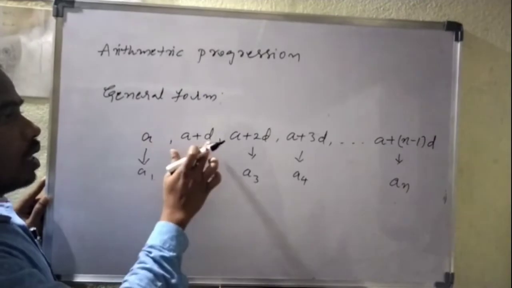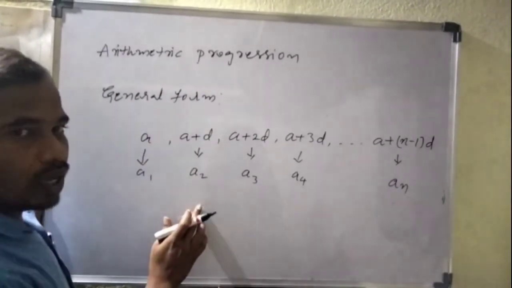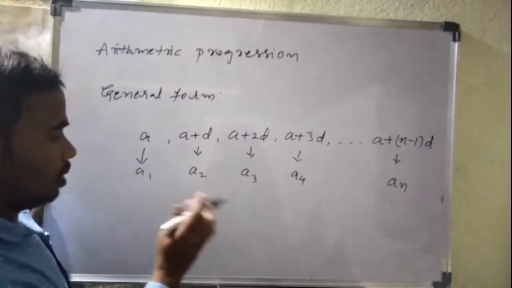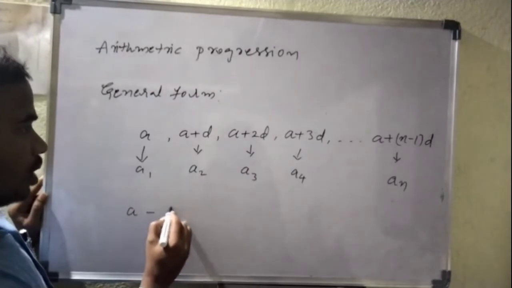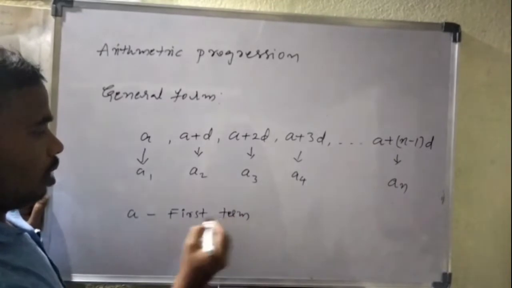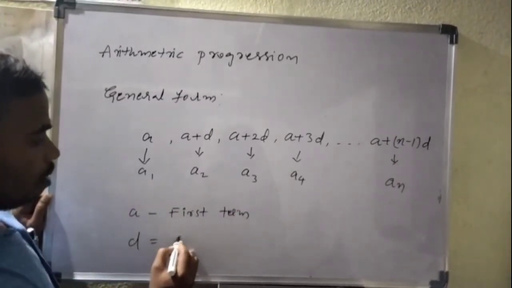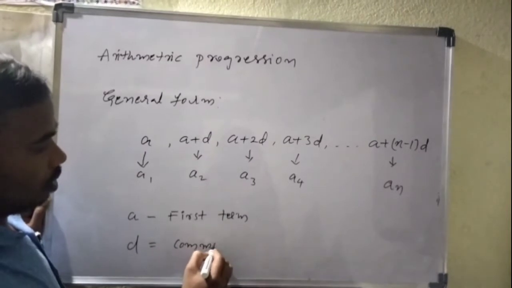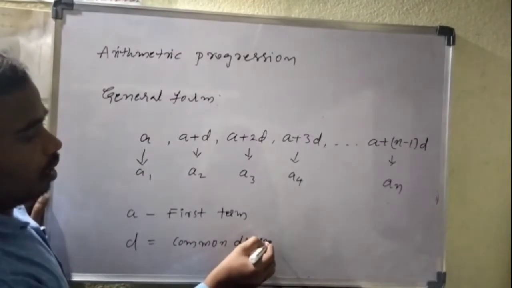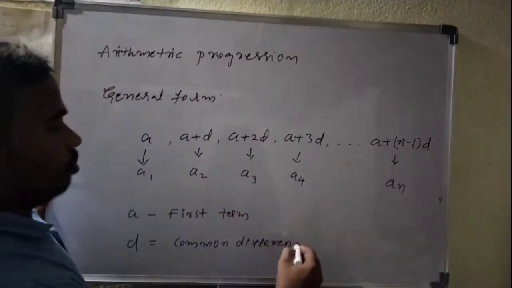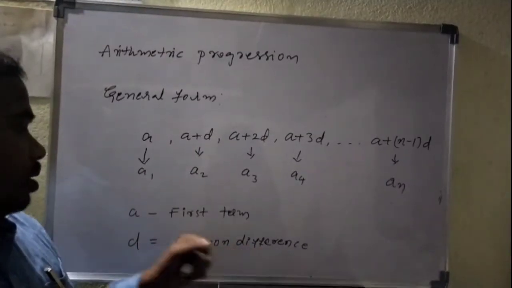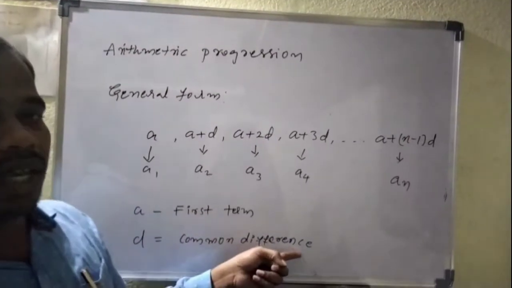So here d is called what? A fixed value. D is a fixed value, that is called common difference. So a is the first term, and d is the common difference, and it is called a fixed number.